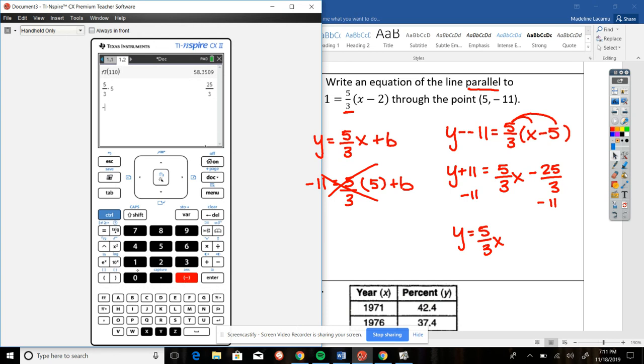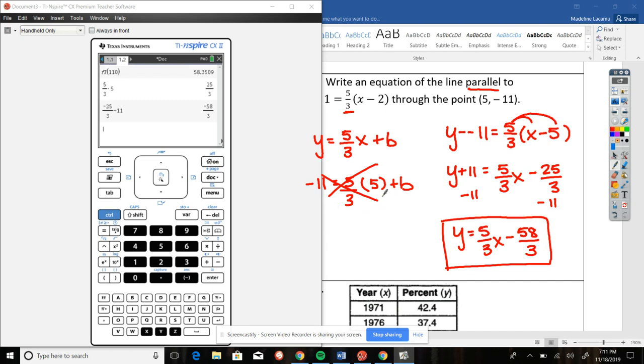So I have negative 25 over 3 minus 11. So we get negative 58 over 3. And that will be our answer.